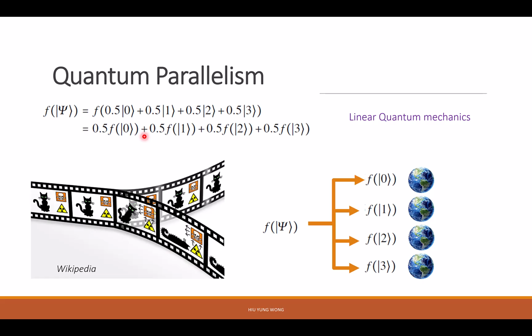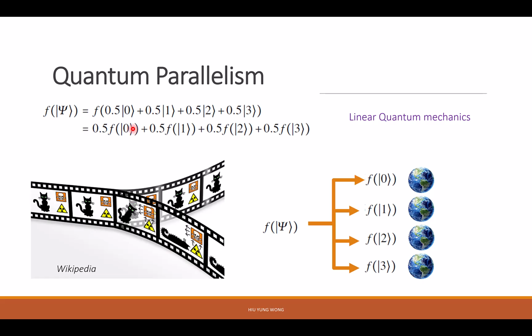Correct. You need to make sure their squares sum to 1, because they represent the probability of measuring this state. And you must have 1 when you sum them up. You cannot do otherwise, because this is just quantum mechanics. They have to sum up to 1. And later we will learn about normalization.